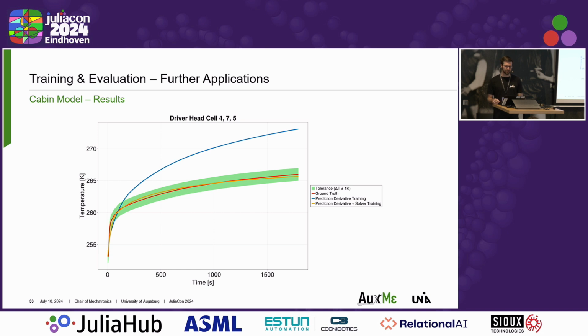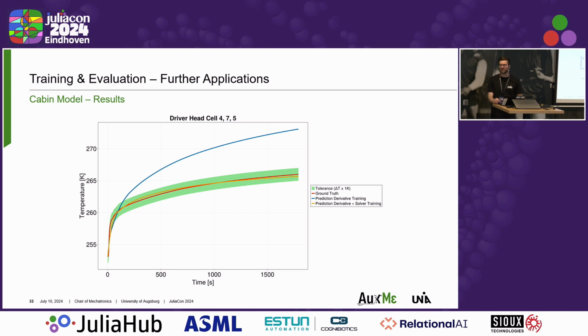We should not deviate more than 1 Kelvin plus or minus from the ground truth data. This is why the green plot is there. And as you can see, if we just use the solely derivative-based training in blue, the solution is not in the green area of the plot, which is not what we wanted.